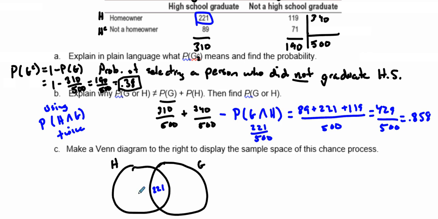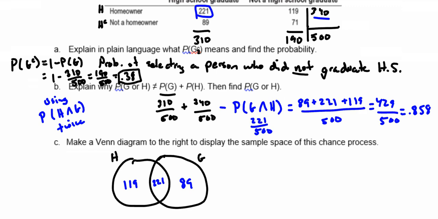What we have left over for homeownership is 119. These two values have to add up to 340, and they do. Over here, we know our G is going to be 221, and we also have 89. Together, those add up to 310, which they do.